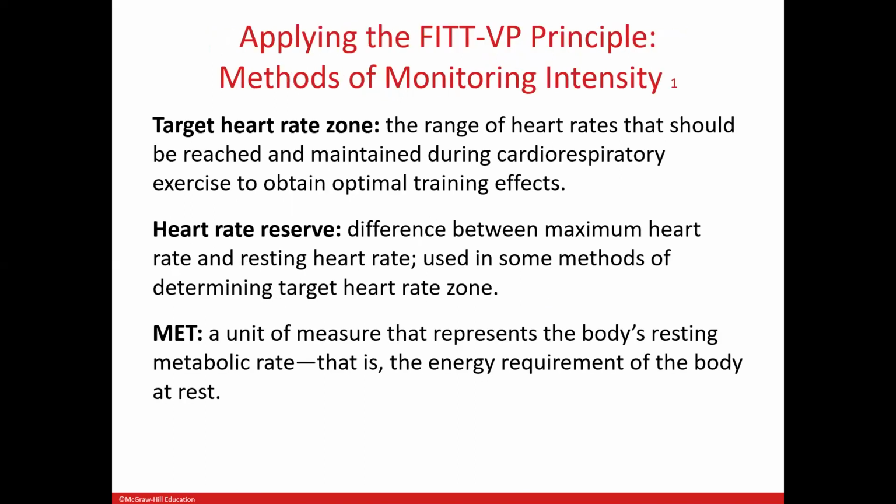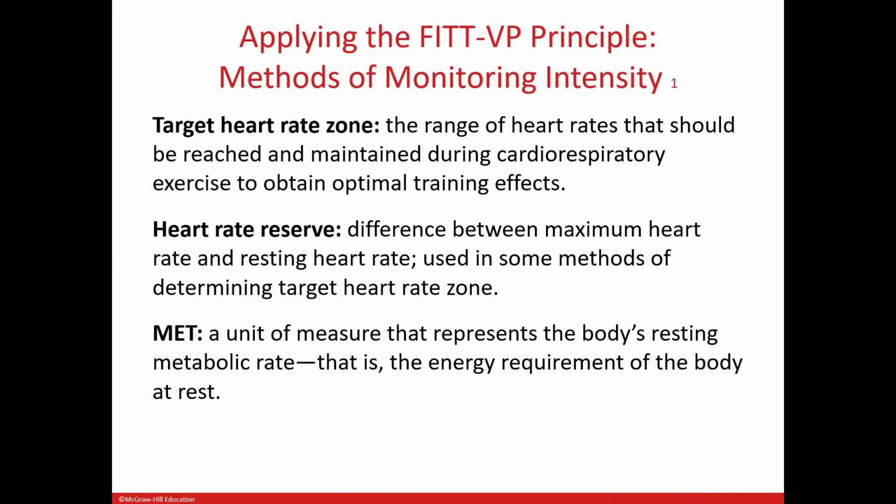So from last class, we did the FITT-VP principle, and this is something that you could add to it: target heart rate zones. This is the range of heart rates that should be reached and maintained during cardiorespiratory exercise to really obtain optimum training.